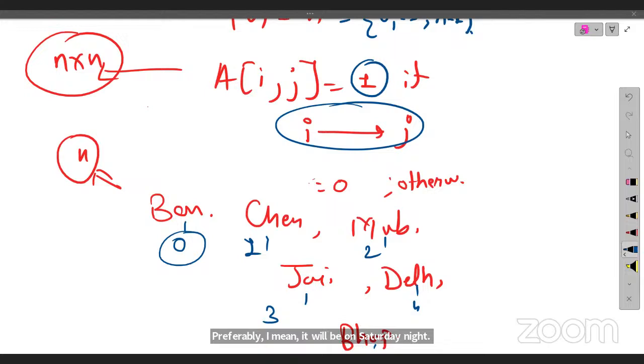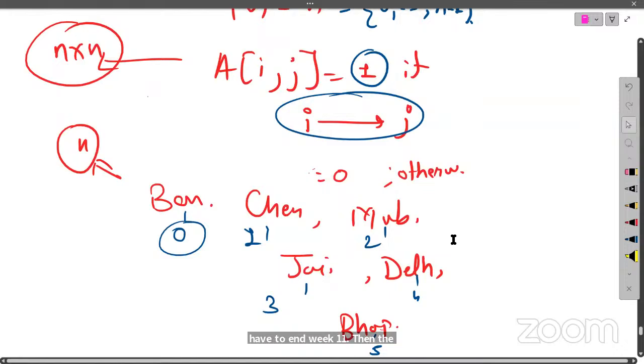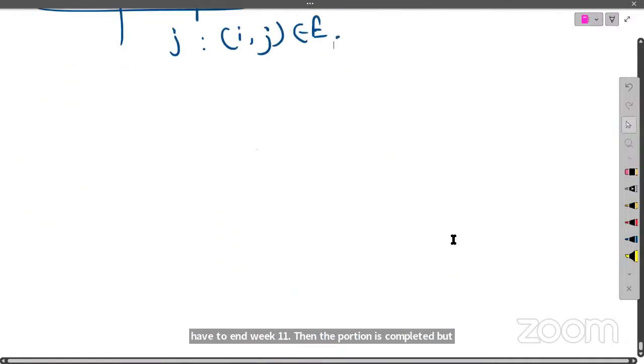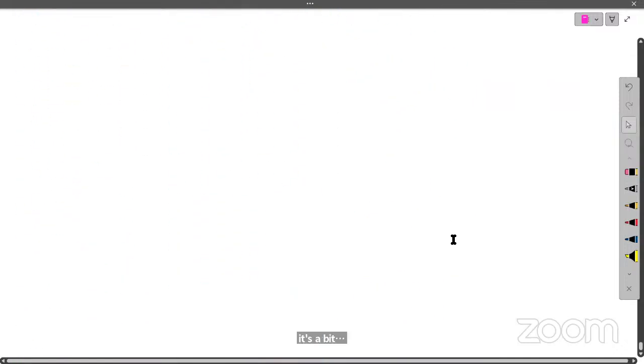Tomorrow is the deadline for week 10. Yes, ma'am, that's confusing. In this week we should start week 10, and next week we have to end week 11, then the portion is completed. But it's tomorrow only. If you would say there will be a session tomorrow, we can manage. Right now, we can't manage.